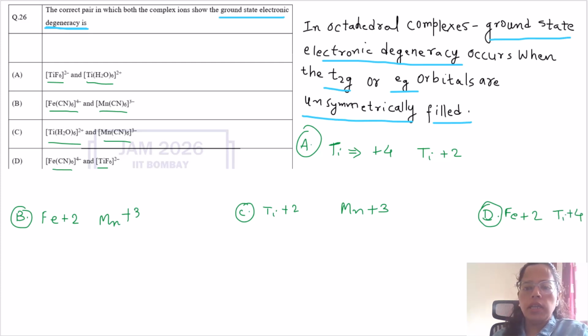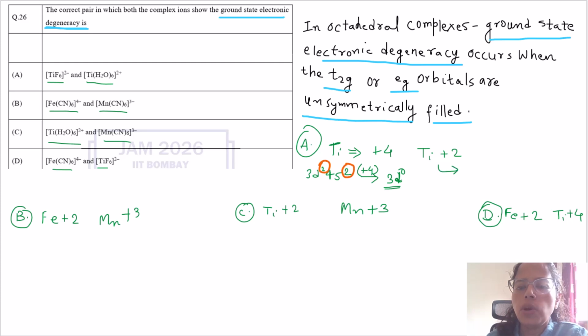Okay, so let's write their electronic arrangement in the T2G and EG orbitals. Titanium in the ground state is 3d2 4s2, and in the +4 oxidation state both these electrons as well as the d electrons are gone, so it has 3d0. The d orbitals are completely empty.